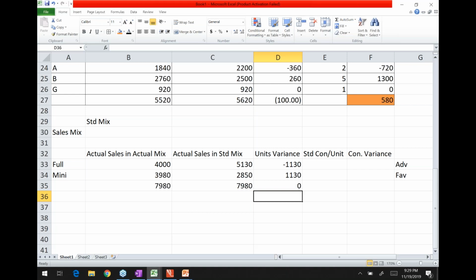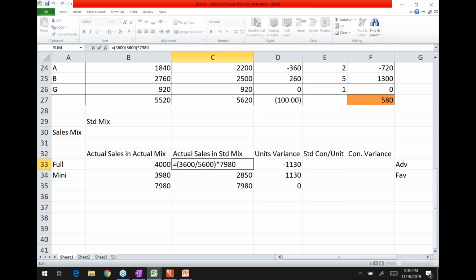Budgeted sales for standard mix, obviously budgeted sales will give me the idea how many units we should have sold. So we have to take budgeted sales for standard mix. Standard means what? Standard mix, you know what is mix? Standard, budgeted.